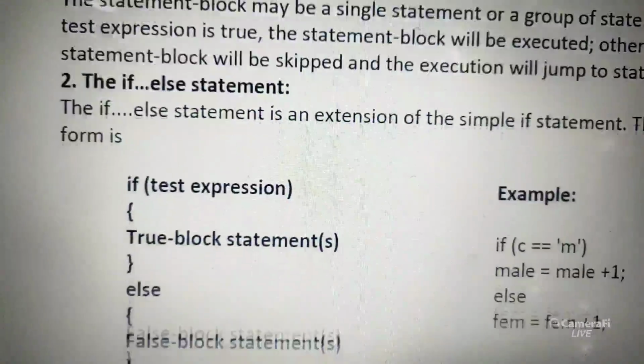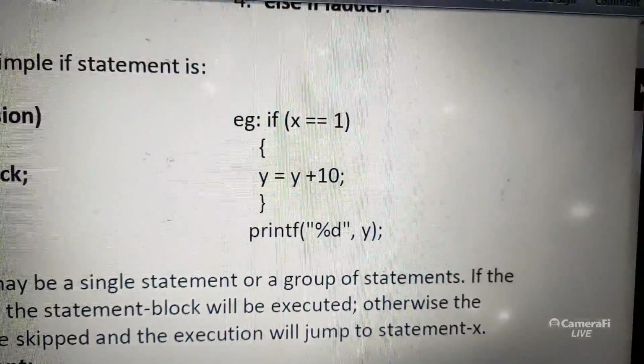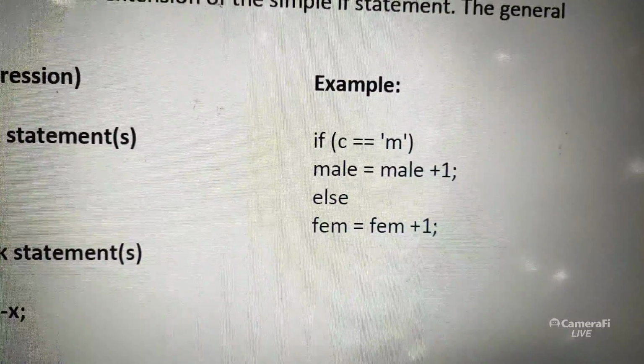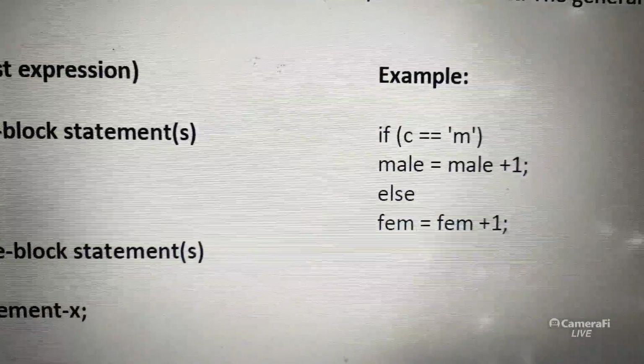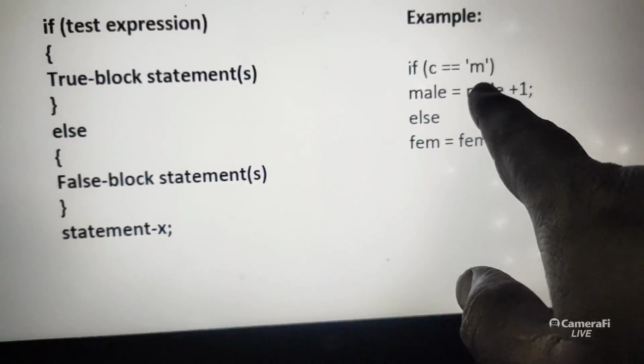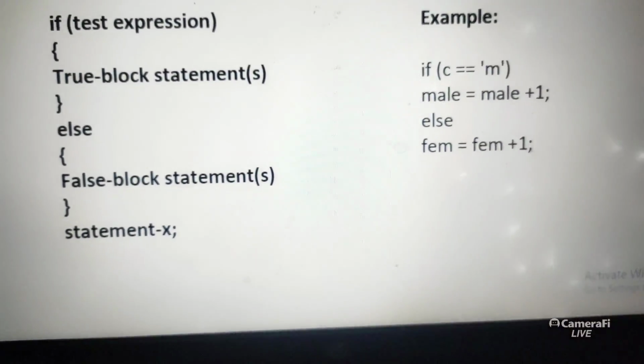If x equal to 1, then only this statement will be executed. This is simple if. Sir, what happens if the condition is false? See, in the first example I'm taking only if the gender is male, write to the male file, that's all. But what happens if the gender is female? There's no need to check male and female every time. First check for male. If it is male, write in the male file. If not, store it in the female file.